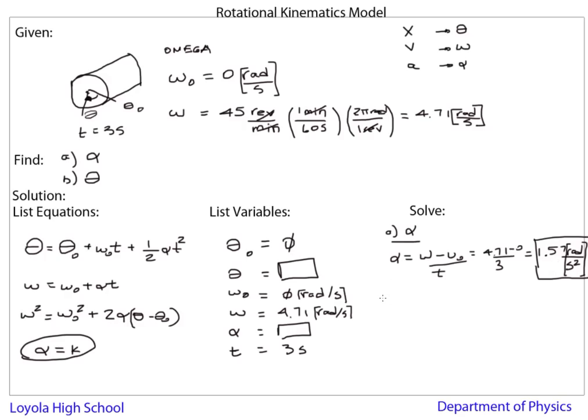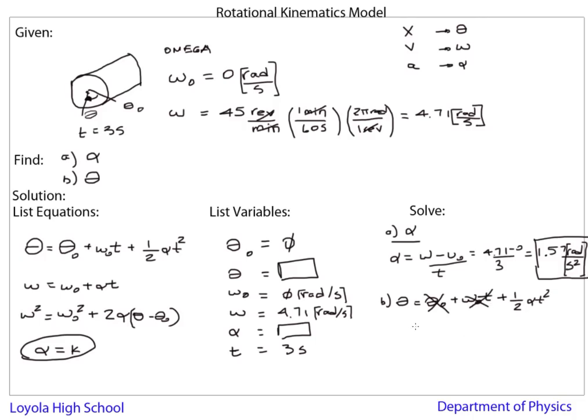And we want to know through how many rotations this goes through. So it looks like the first equation. One half alpha t squared. We start off at 0 here. The initial velocity is 0.